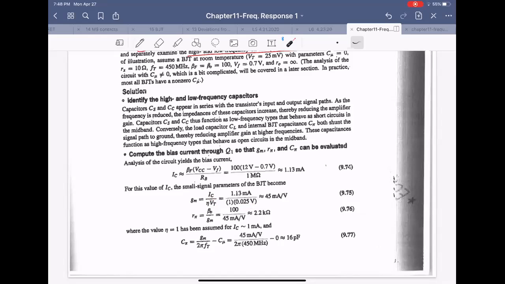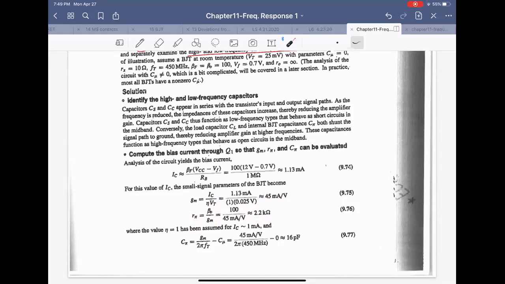So transconductance is 45 milliampere per volt. And you can also get the R pi, the resistance between base and emitter. R pi is beta divided by transconductance GM. Beta is 100, GM is 45 milliampere per volt, so R pi is about 2.2 kilo ohm.